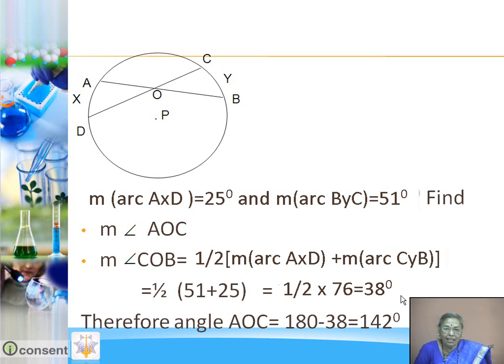Now this angle is formed by the intersection of 2 chords. Therefore, the measure of this angle is equal to half the sum of the arcs formed by these angles. Substitute the values. Then you will get that measure of angle COB will be equal to 38 degrees.